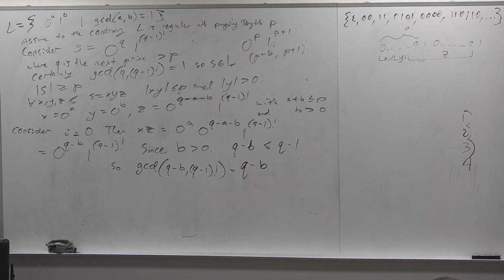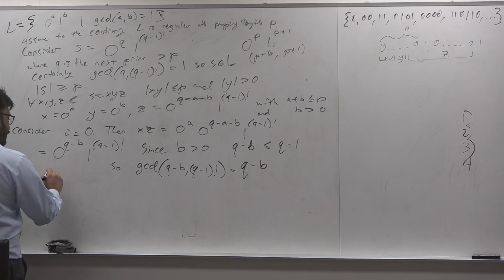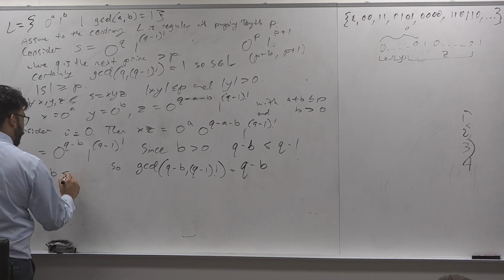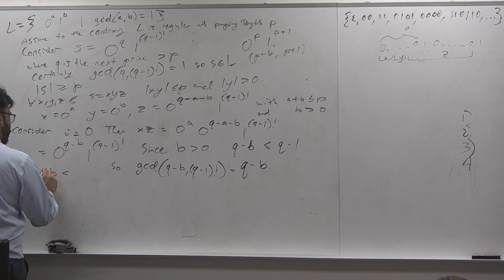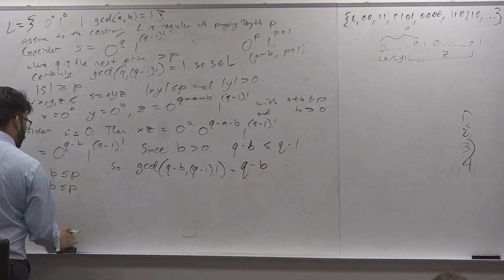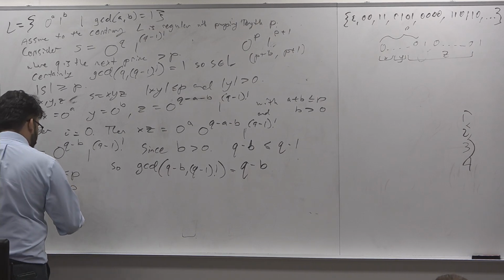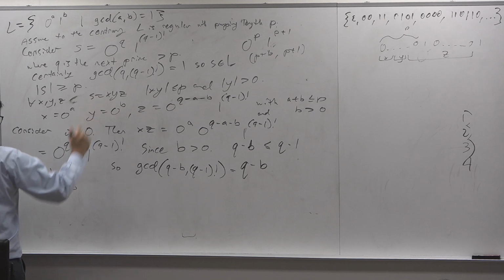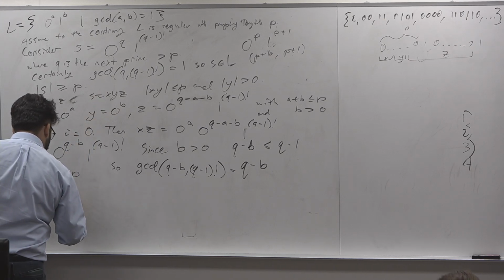So take that out. Now, we also know what? Since A plus B is less than or equal to P, we know that B is less than or equal to P. So we know that since Q exceeds P, B is less than Q, right?